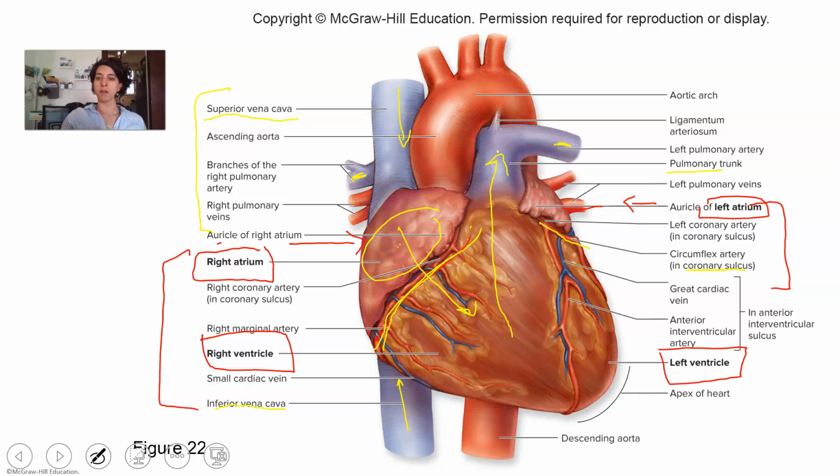All right? If we go to the left side of the heart right here, so here is the apex of the heart. The left side of the heart is receiving oxygenated blood from the lungs. It's receiving oxygen-rich blood from the lungs through the pulmonary veins.